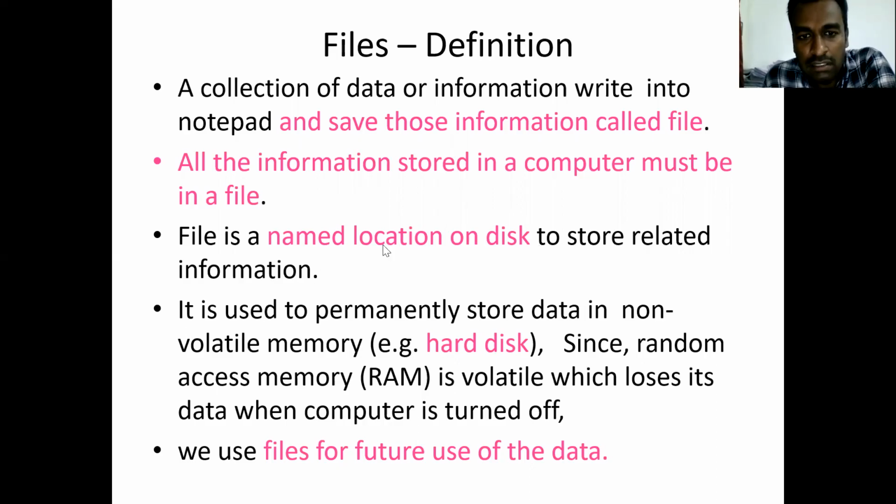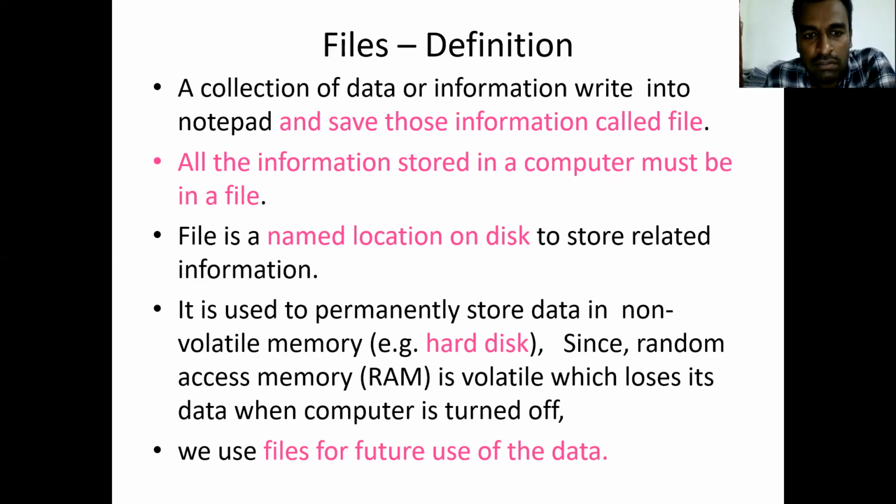Basically, we have a file name for the file. For example, we have some information in the file, and it is stored under that name, a named location to store the related information. It is used to permanently store data in non-volatile memory, for example the hard disk.